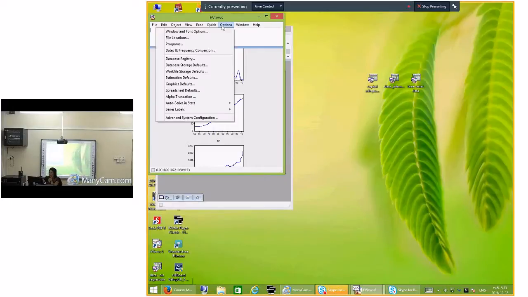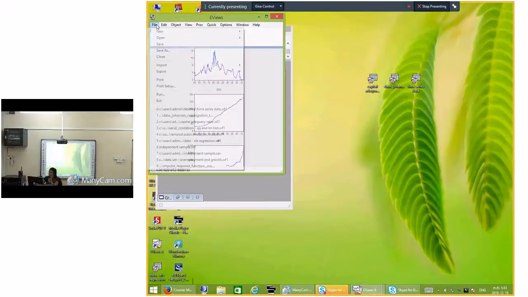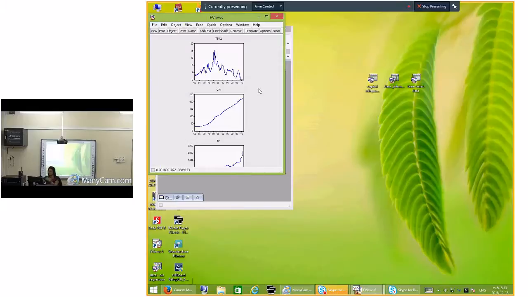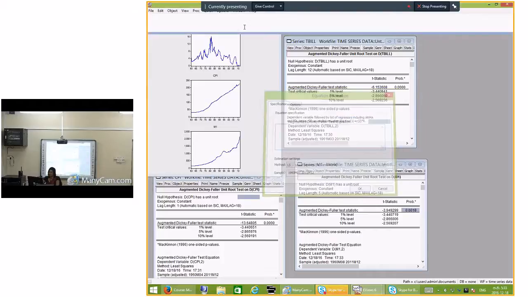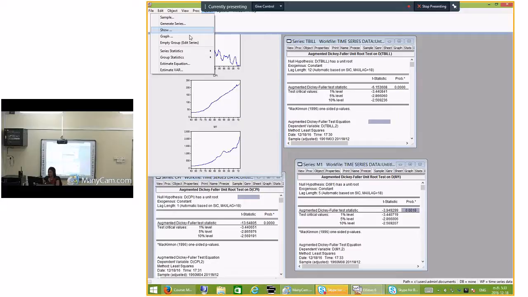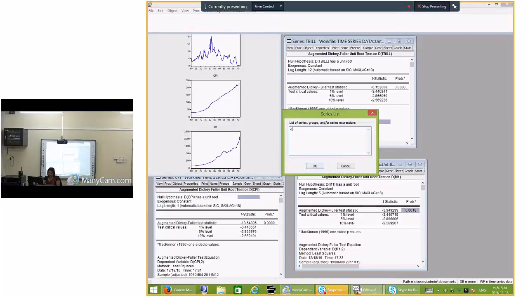Now estimate, no, estimate graph: D Y, the difference of treasury bills, D CPI, D M1.